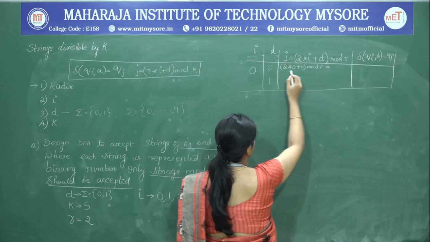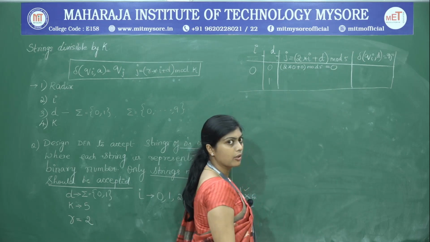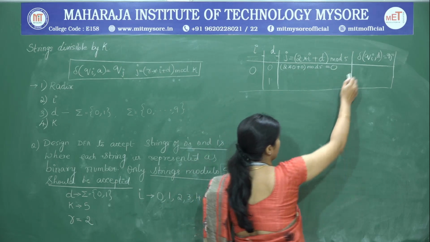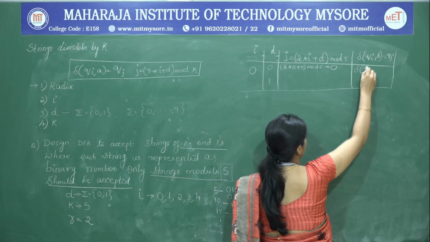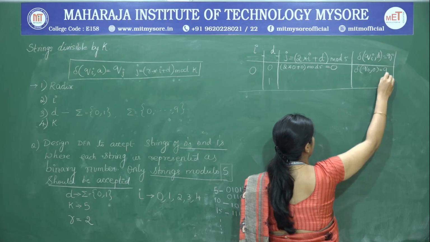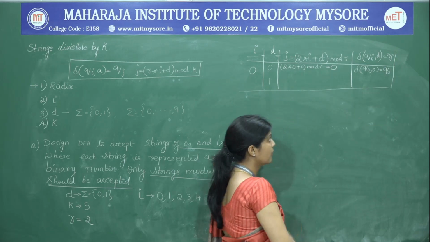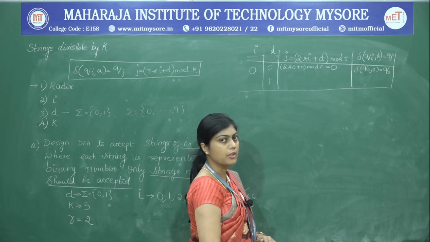So this value is going to be 0 mod 5, which is 0. So once you find out that it is 0, we are going to write here delta of Q0 comma 0 is equal to Q0. We are going to substitute the value of j here as 0. So we have found out the first transition of the DFA.